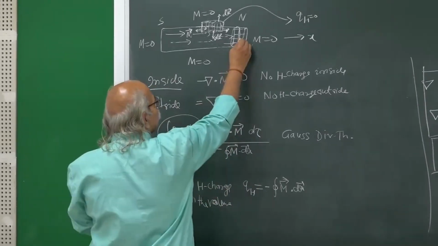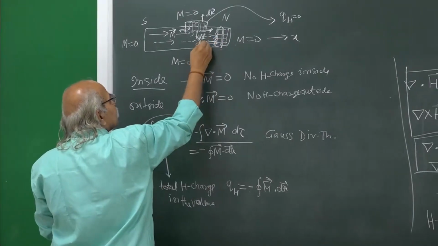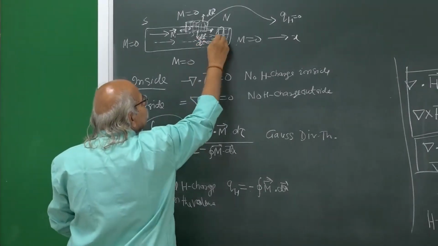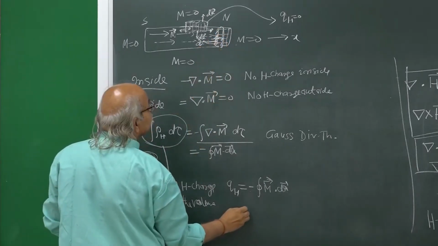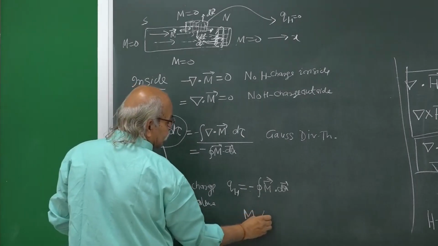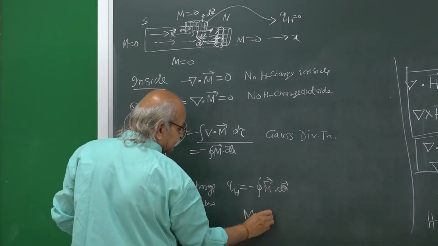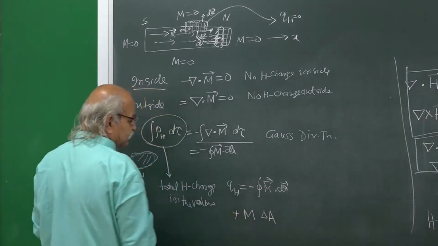So here, look at this surface, here is dA, and magnetization is this way. So on this surface it will be m into area with a negative sign, and this negative sign is also there. So that makes it plus.